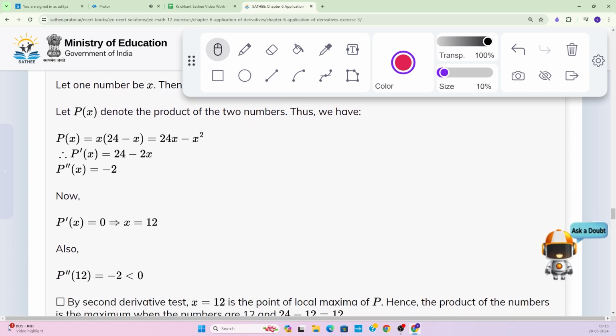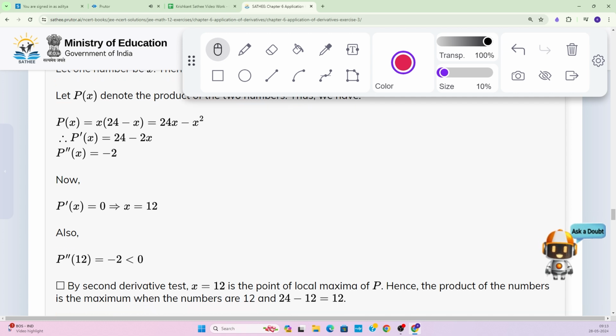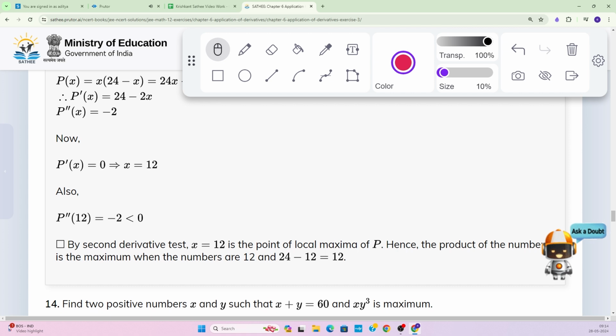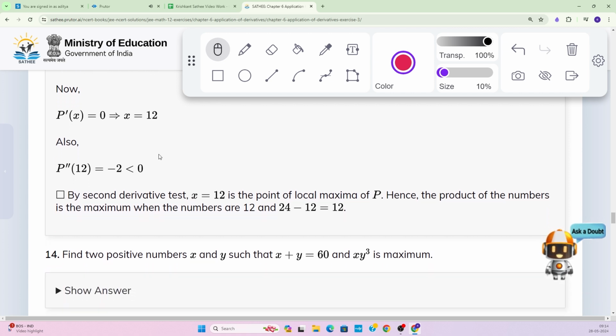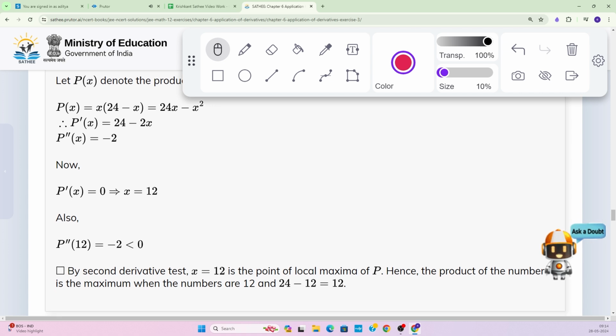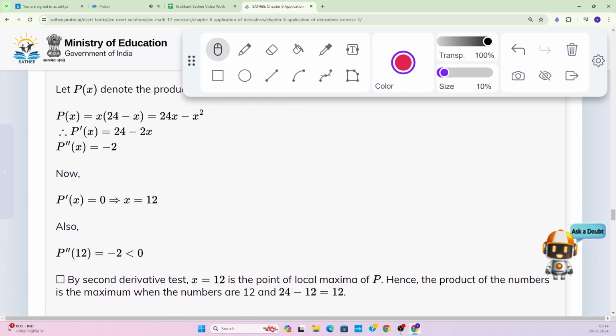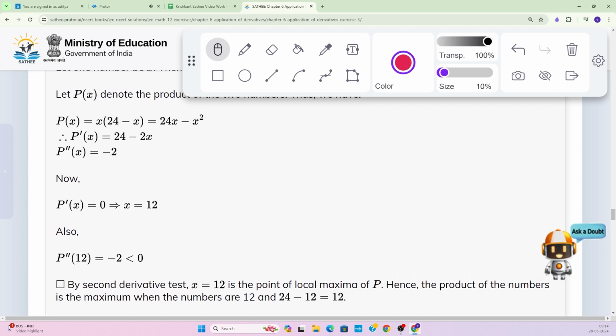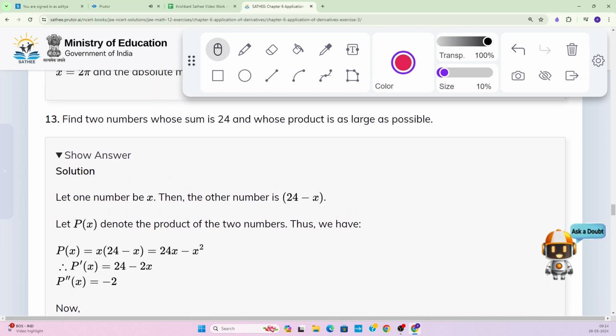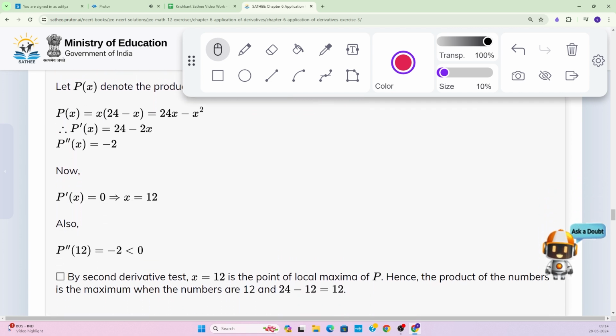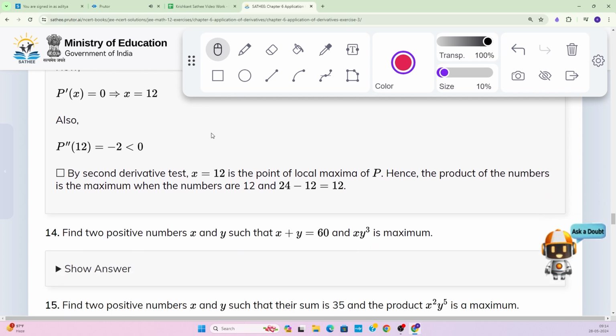This means x = 12 will give you the maximum, so the product will be maximum when x = 12. Okay, clear? And what will be your maximum? If one number is 12, another will also be 12. Simple. Both the numbers will be 12.